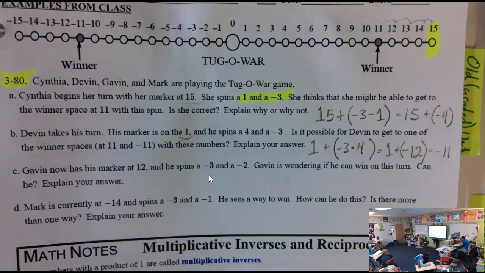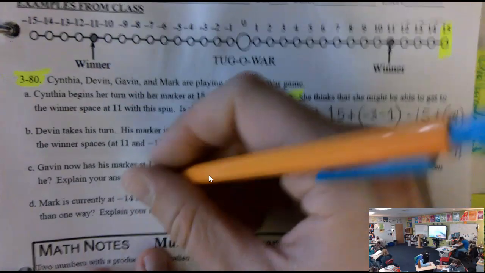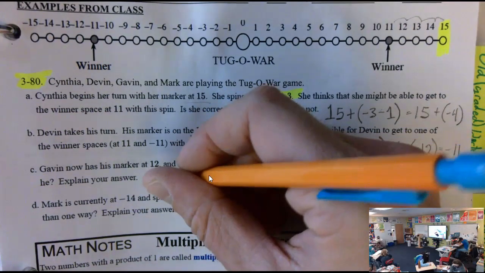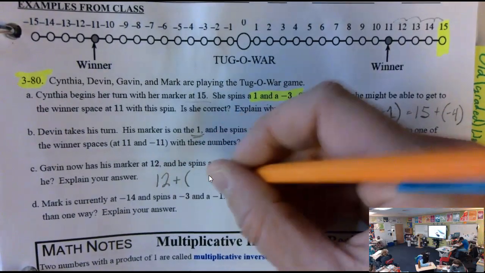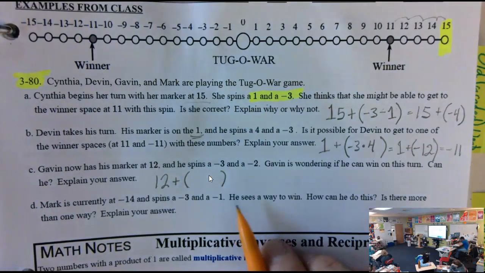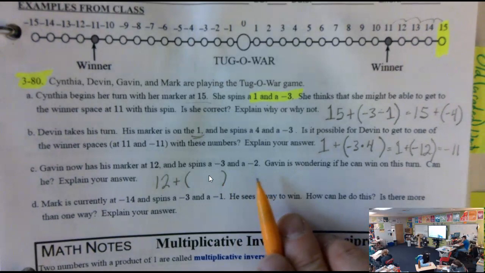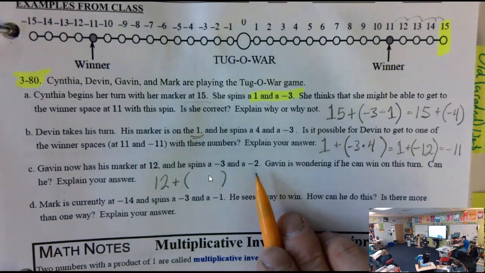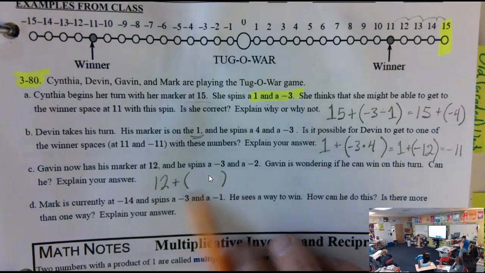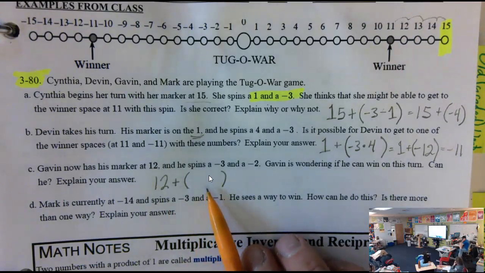Gavin now has his marker at 12. Go ahead and write down a 12. And he spins a negative 3, negative 2. Anyone got an idea here for what to do with a negative? I want to go like 1 down, right? I want to get 1.